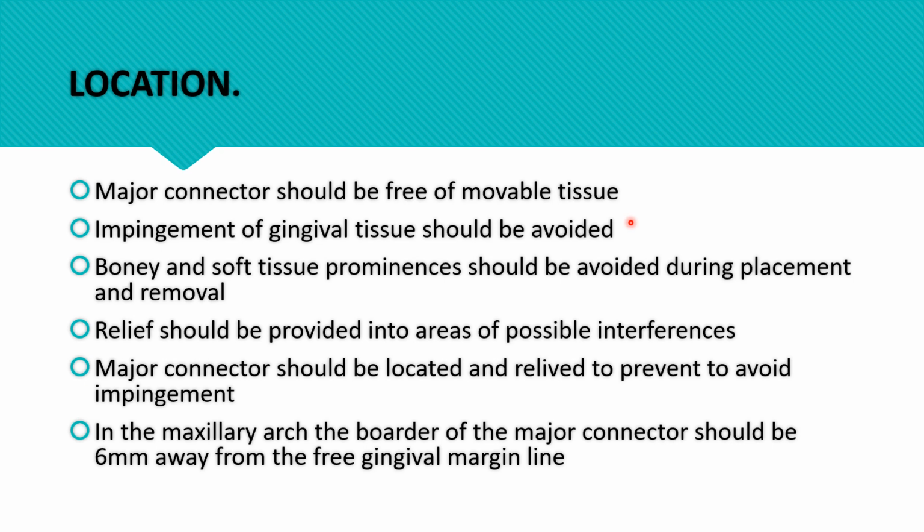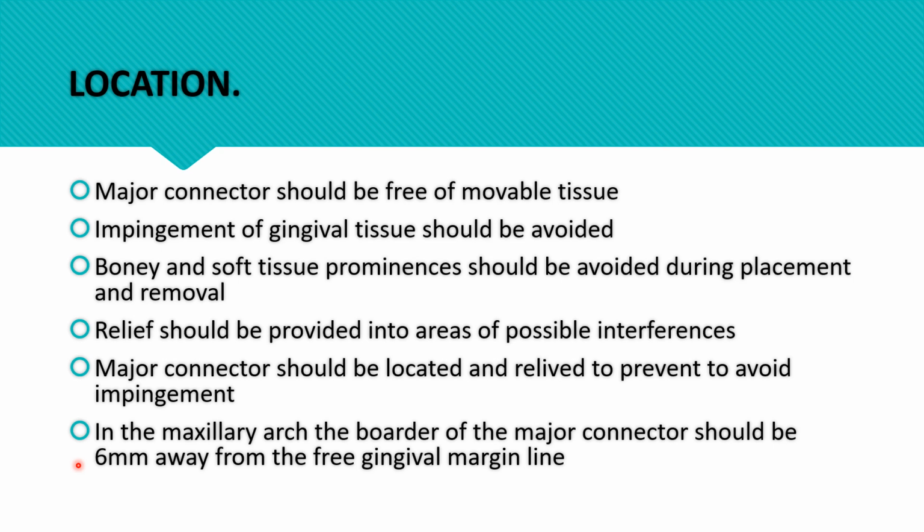Relief should be provided into areas of possible interference. Basically, whatever kind of major connector you are using, you should avoid most of the soft tissues or movable tissues, so that they don't get impinged by the major connector.